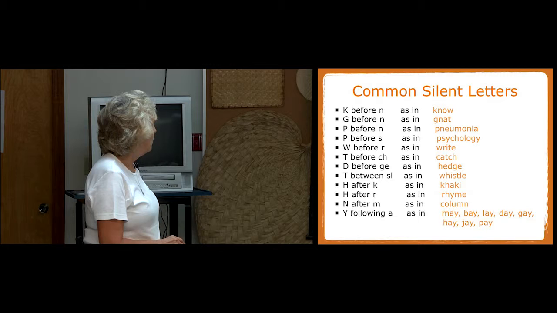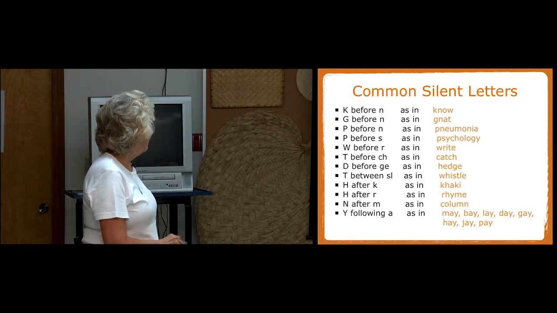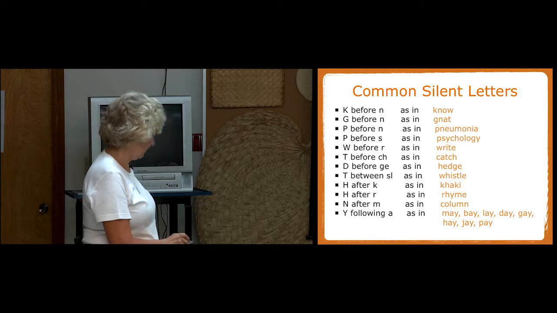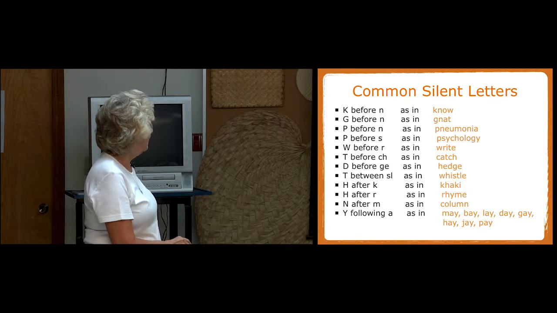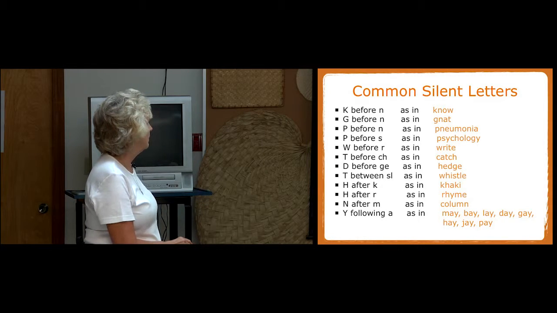Okay, catch. And hedge, that D, you have to remember to put it in there even though you don't hear it. Whistle, got to remember to put that T between the S and the L. You don't hear that T. Whistle, you don't hear it, but you have to put it in there. Okay, khaki. You don't hear that H. Rhyme.